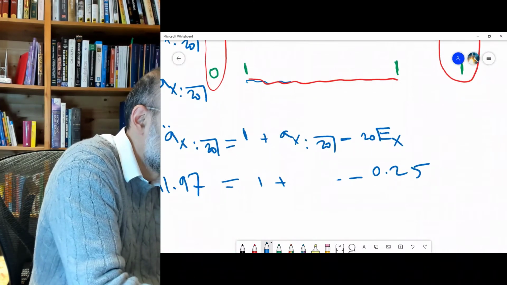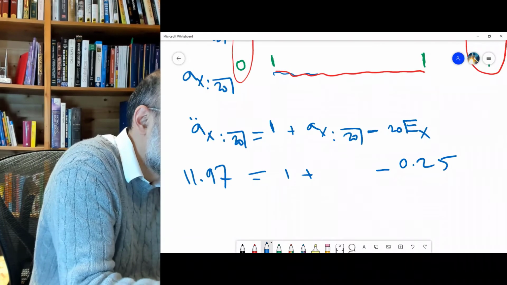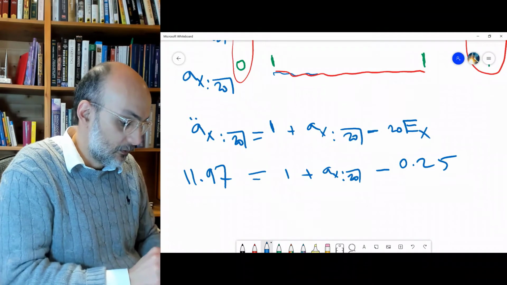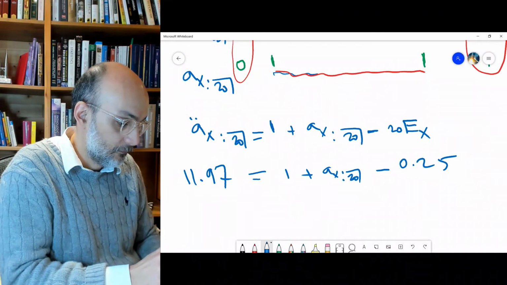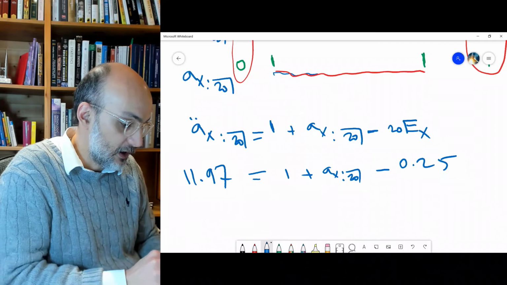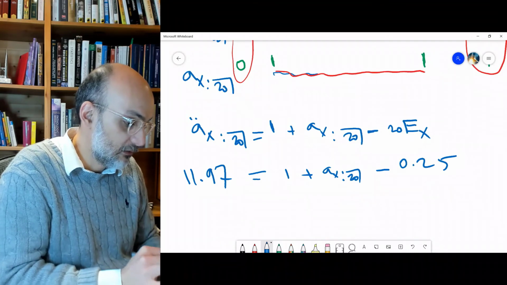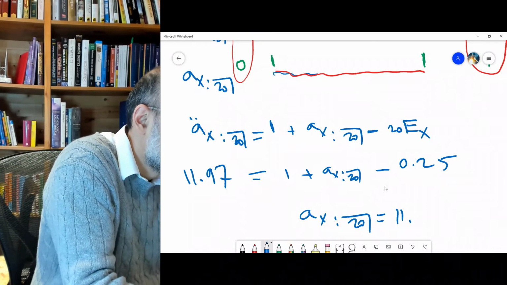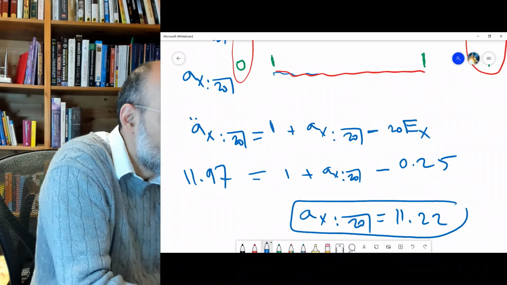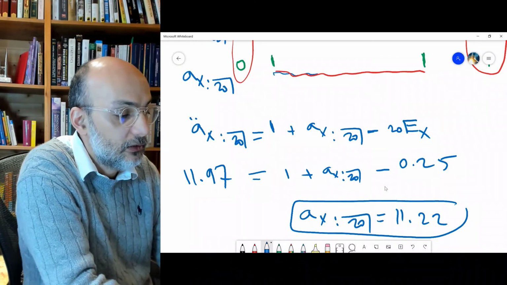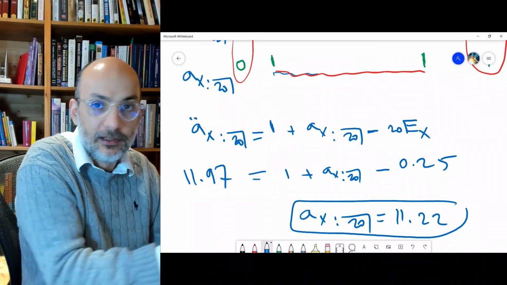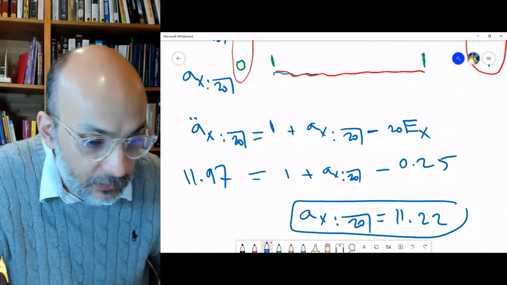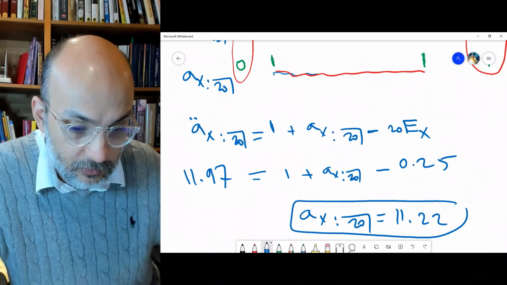Yeah. And now here what we wanted. So 11.11, we subtract 1 from it, we add 0.25. Then the answer for the question is, and this should be less because this one gives you the payment earlier, so this one should be less than that one. Let me make sure that I got the correct answer. Yeah, it should be 11.22.